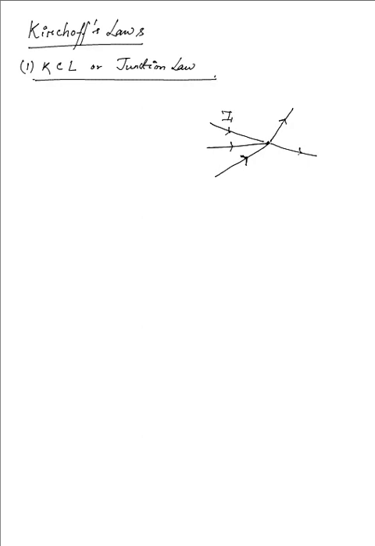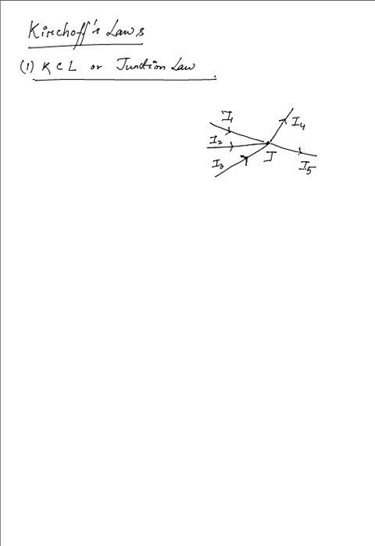So I1, I2 and I3 are supposedly the currents that are entering into that junction point, that is J. And from that you have I4 and I5 as the currents coming out of that point.